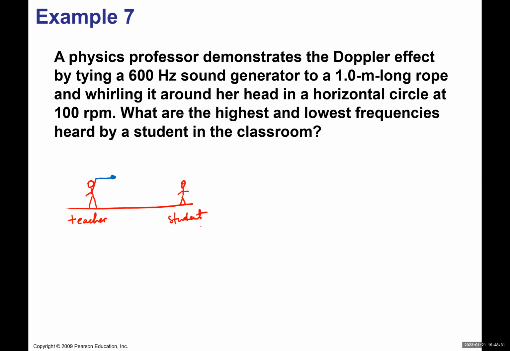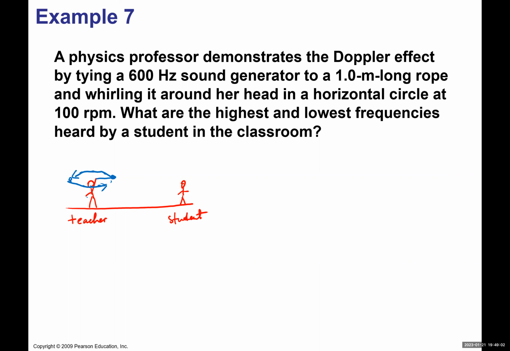Now the idea here is, as the generator goes around in a circle, during the rotational motion, sometimes the generator is moving away from the student, and sometimes it's moving toward the student. The times when it's moving parallel to the line of vision of the student don't count.